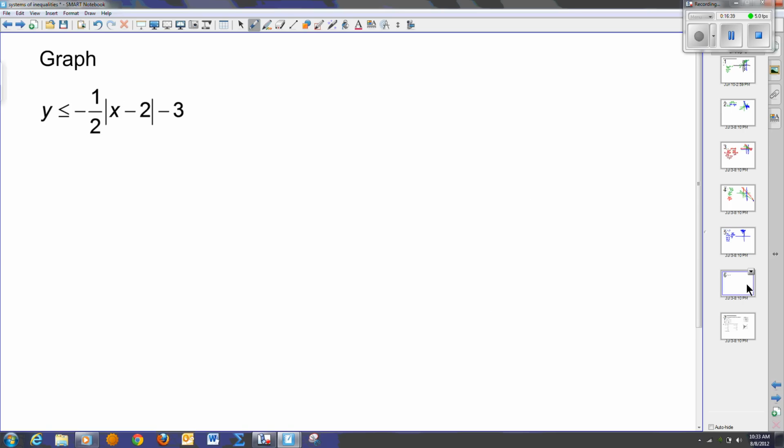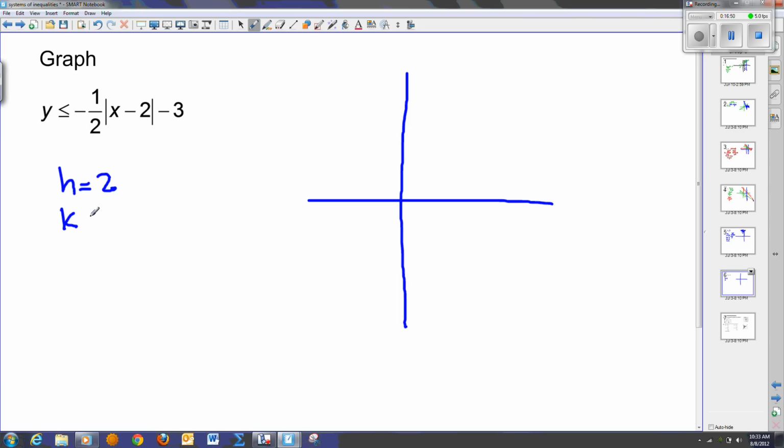Let's do one last. Again, it's an absolute value. So I identify my h value of 2, my k value of -3, my slope of -1/2. So I translate 2 to the right, down 3.